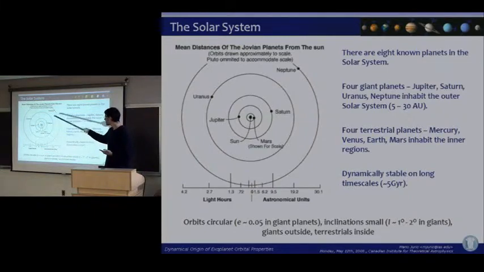So mostly circular orbits, small eccentricities, less than 0.05, small inclinations, just a couple of degrees, giants on the outside, terrestrial planets on the inside. And another thing, it's dynamically stable over long time scales, at least over a couple of gigayears.